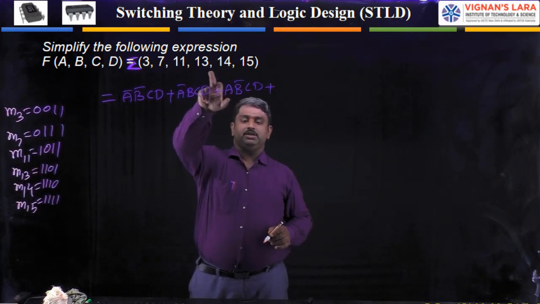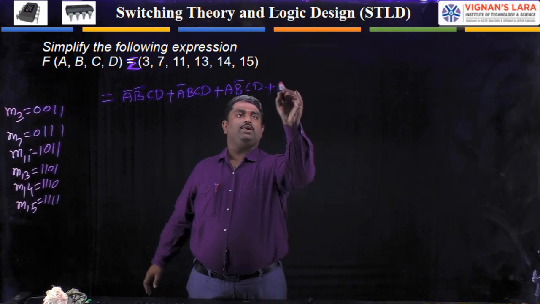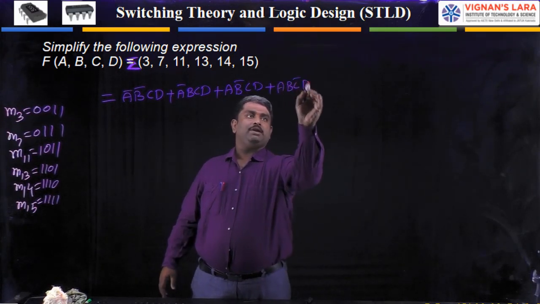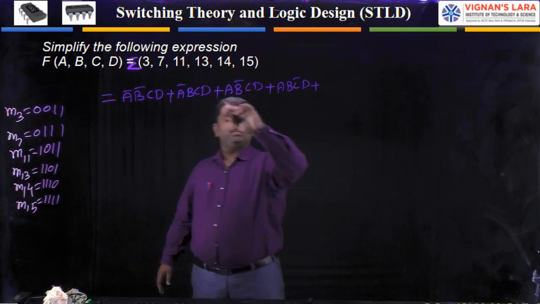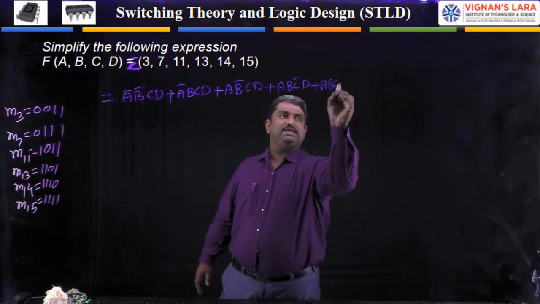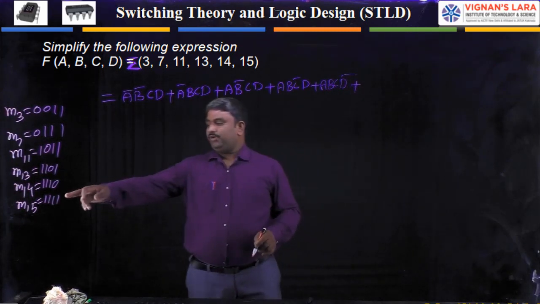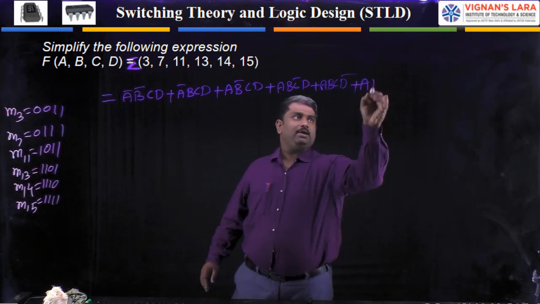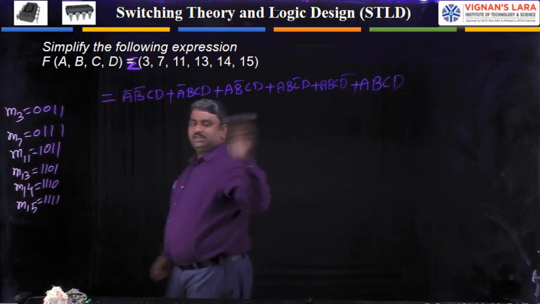Next 13 is the next function. 13 is 1101, A B C bar D. Next M14 is 1110, that is A B C D bar. Next M15, that is A B C D. So these are the given functions.